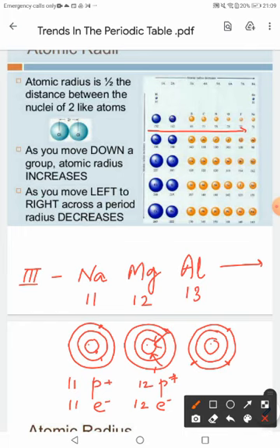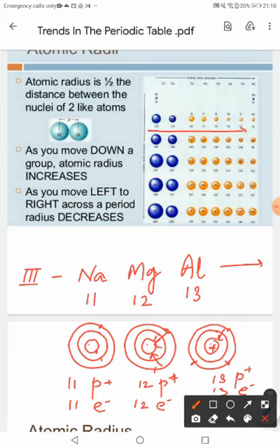The valence electrons will become a little bit closer to the nucleus, so the size will be a little bit smaller. In the case of aluminium, there will be 13 protons because its atomic number is 13, and it will have 13 electrons because the number of protons and electrons is equal. The 13 protons present in the nucleus will pull the electrons more forcefully as compared to magnesium.